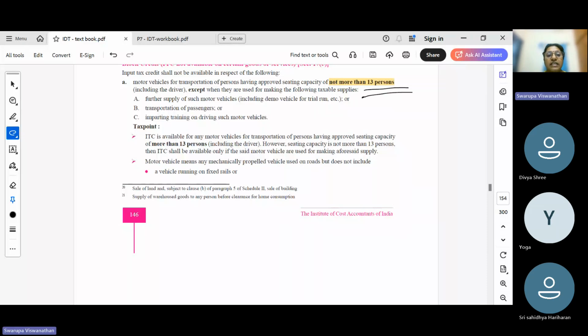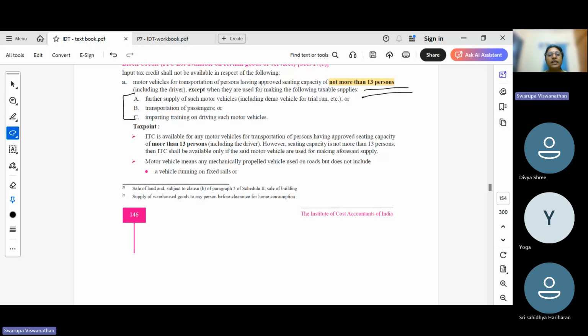When is credit allowed? Only in these conditions. Where it is used in further supply of motor vehicle. If I am a car dealer, then I am buying the cars for selling the car. Correct? Further supply of motor vehicle, so credit is allowed. For transportation of passengers, if I am using it as a taxi, then credit is allowed.